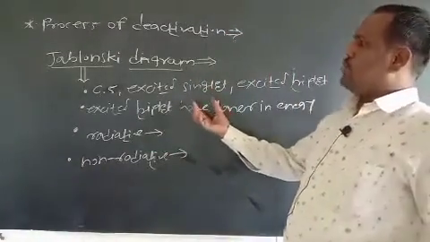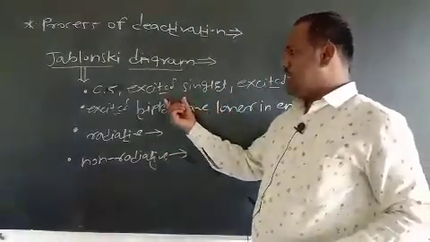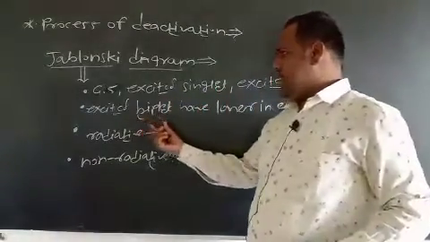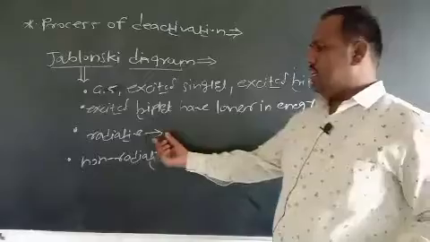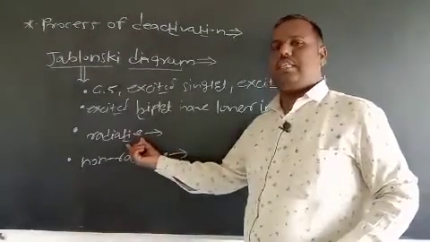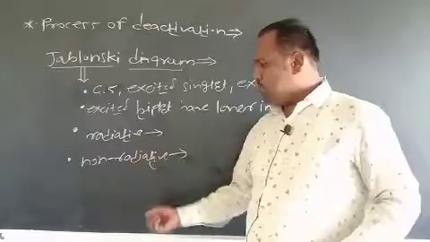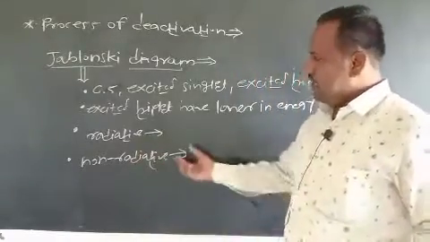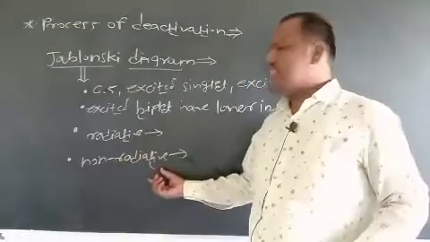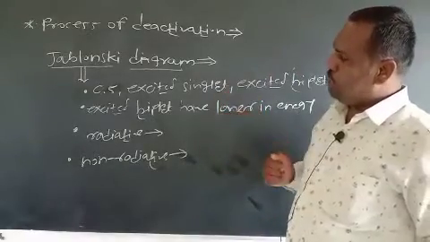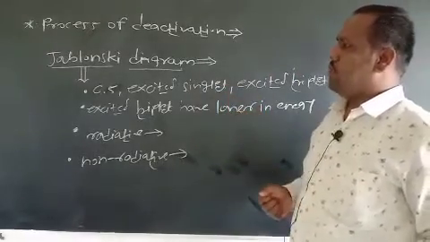So, this Jablonski diagram consists of the ground state, excited singlet and excited triplet. The excited triplet has lower energy. Radiative processes are such as fluorescence and phosphorescence, and non-radiative processes are such as internal conversion and intersystem crossing. We will discuss all these points regarding the Jablonski diagram.